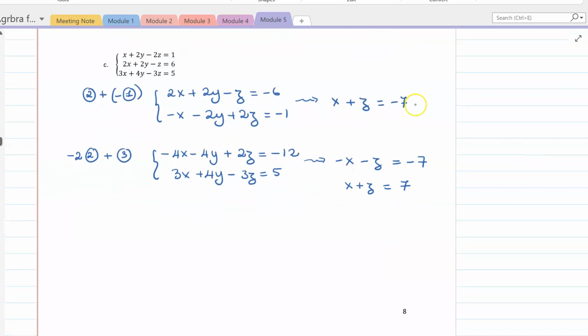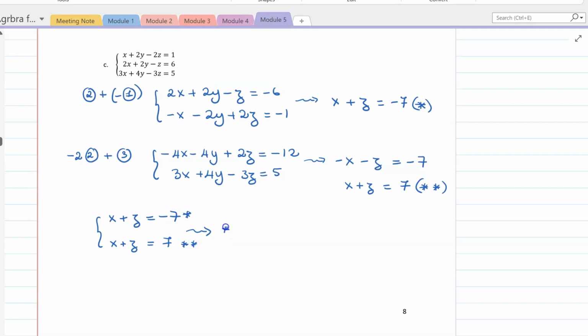So mark this equation star and 2 star. Let's put them back together. X plus z equals negative 7. X plus z equals 7. So let's go ahead and eliminate x by taking equation star and subtracting equation 2 star.